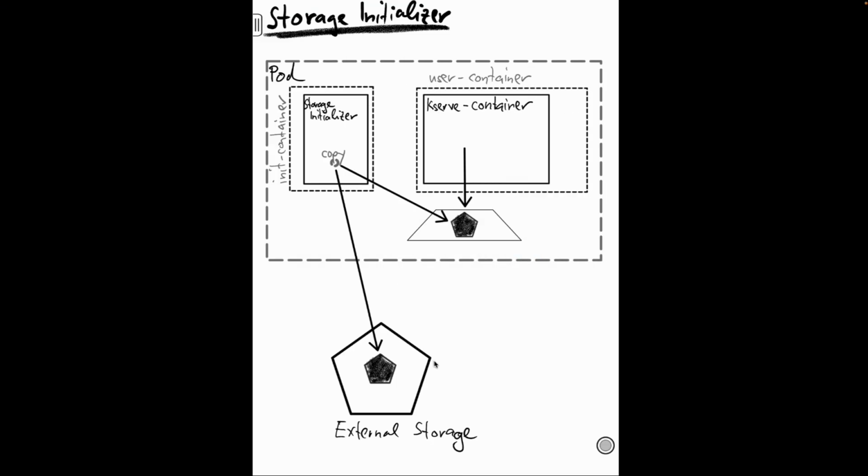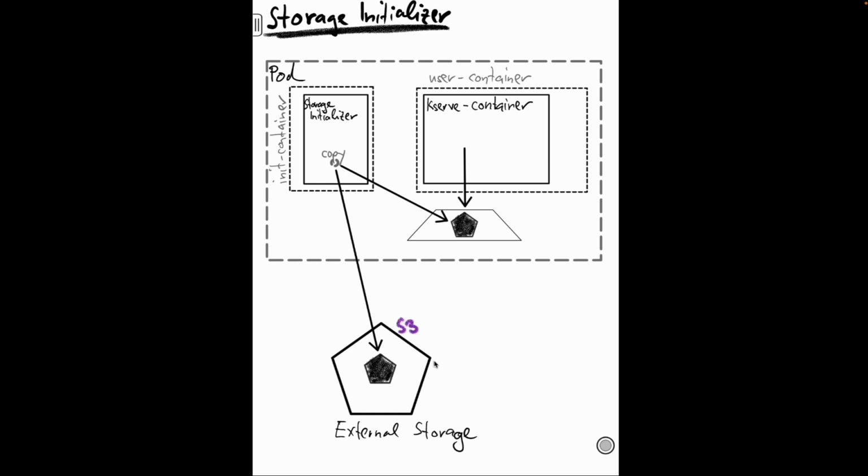So what you see here is a schema of how the storage initializer is working. Usually you have your model data in some external storage like S3 or maybe on Google Cloud.